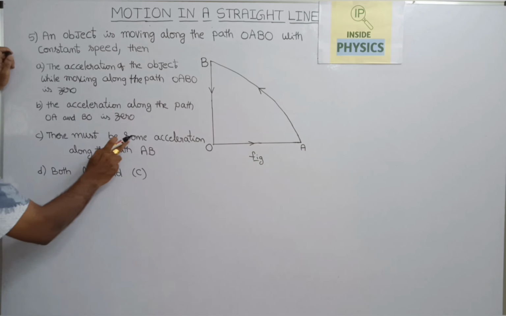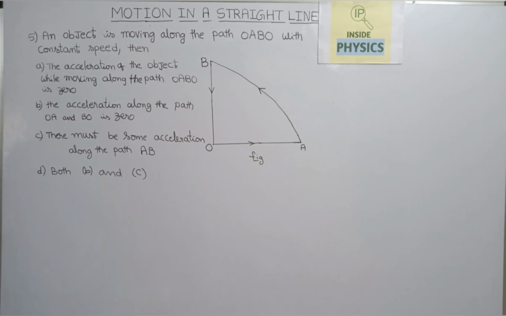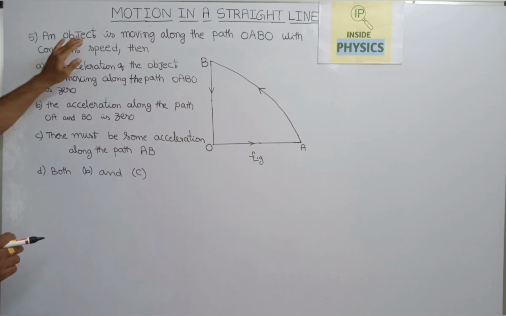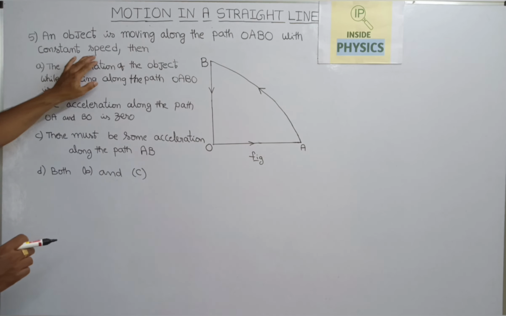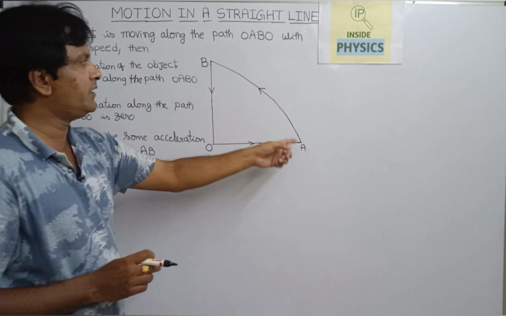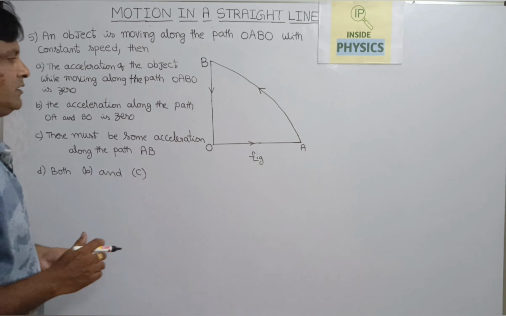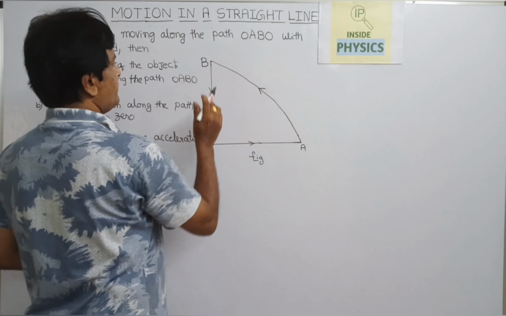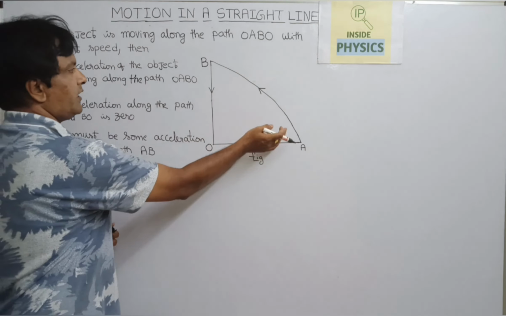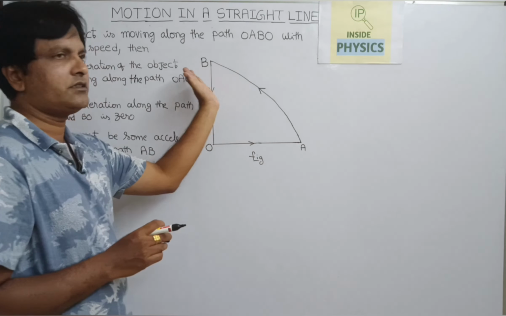There must be some acceleration along the path AB. See, here it is said it is uniform constant speed, but it is saying along the path AB there must be an acceleration. Is it possible? Yes, because along the path AB, if you observe, even though the speed is constant, the direction of the path is changing.